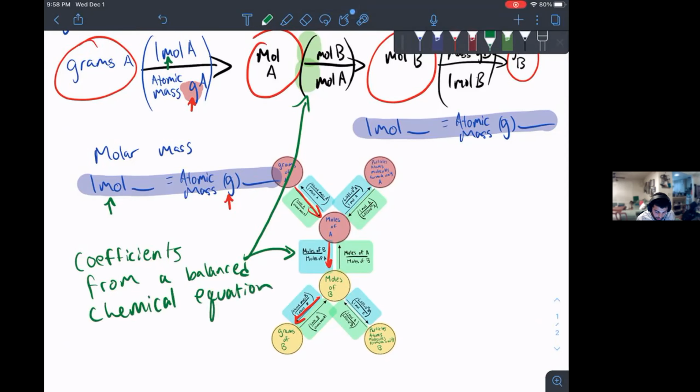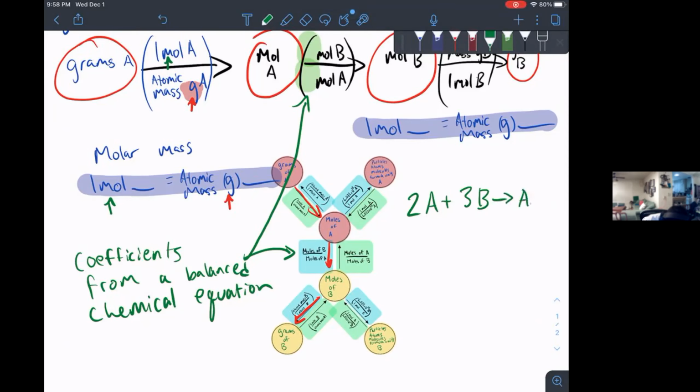So just for a quick example, if our chemical equation is 2A plus 3B reacts to form 4C, or let's make it more realistic, 4AB, a combination of the two. You know what, this isn't even balanced. Sorry, I'm getting pretty upset with how I made a completely unbalanced equation.